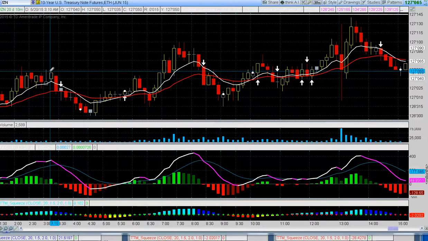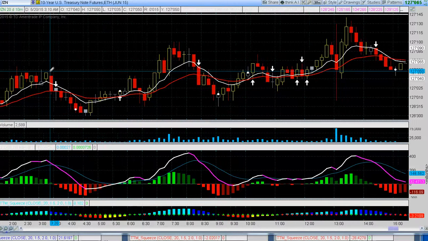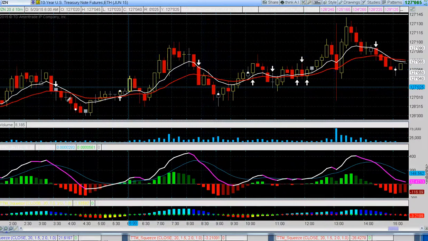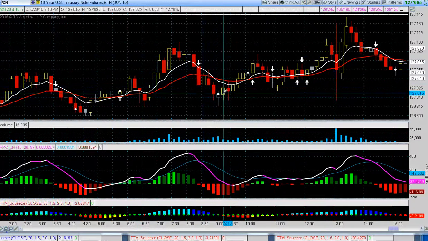We haven't quite closed yet on bonds, but they're only down 13 ticks as we're doing this right now on the 30-year. So that's not much of a move. Pretty flat today, but still made money. Still had signals. You just had to really manage it and move your stops to lock in some profits.